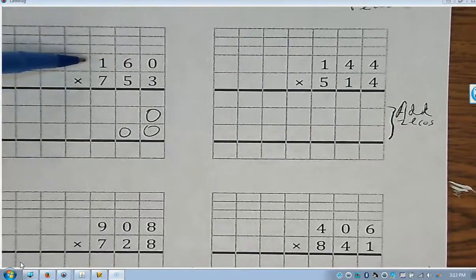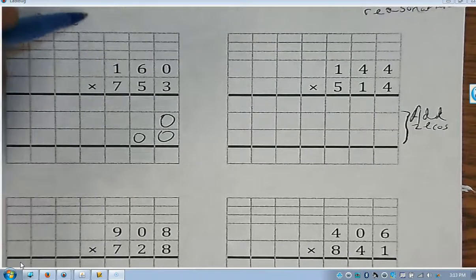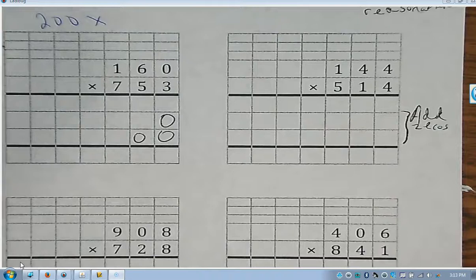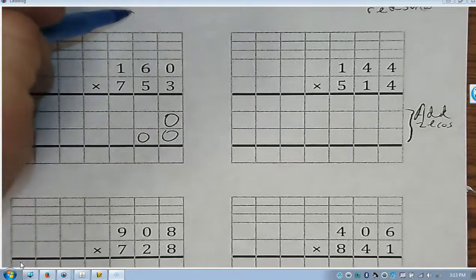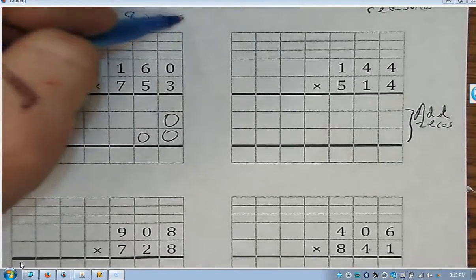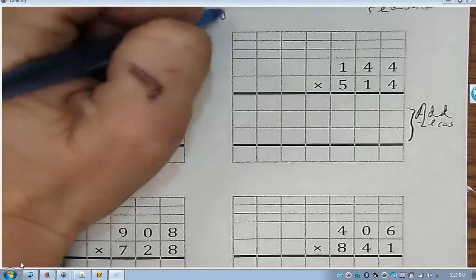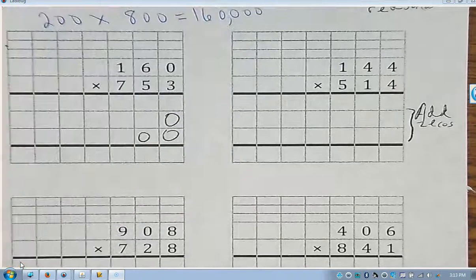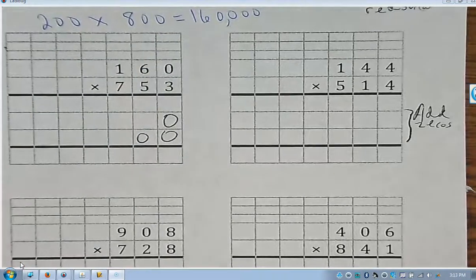Okay, so let's estimate. 160 would round up to 200. 753, the 50 rounds up, so we round it to 800. 16, and then there's 1, 2, 3, 4 zeros.